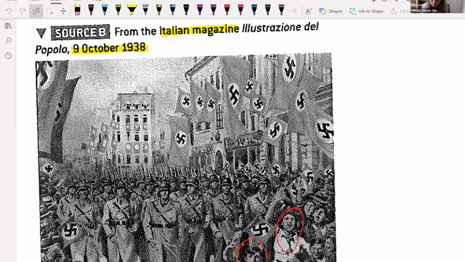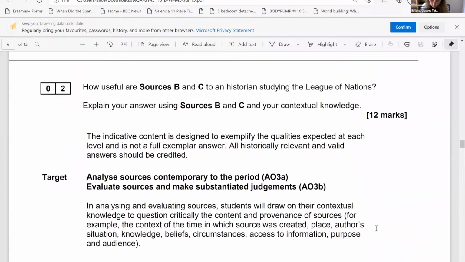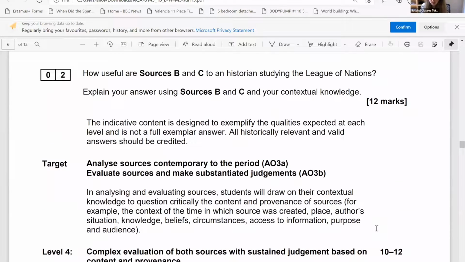So let's have a look quickly then at the mark scheme and to see what is expected, because I haven't got time to write this question out. So let's have a look then at this one. So obviously this is a different question. This mark scheme is from a different question, but it shows us the way in which we would go about answering this question.